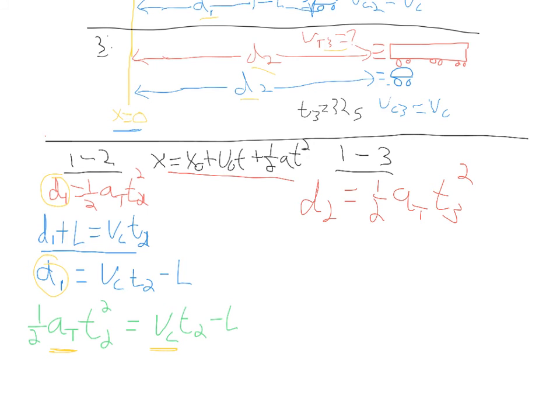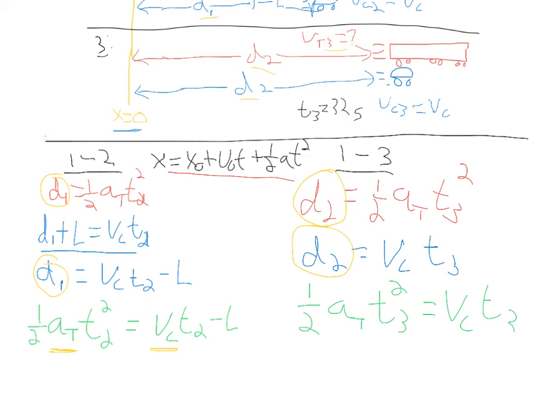And for the car, switching to blue here, d2 is equal to just the velocity of the car multiplied by t3. So once again, just like last time, we know that d2 equals d2 since they're identical, and we can set them equal to one another, so we get the equation 1/2 the acceleration of the train times t3 squared equals the velocity of the car multiplied by t3.